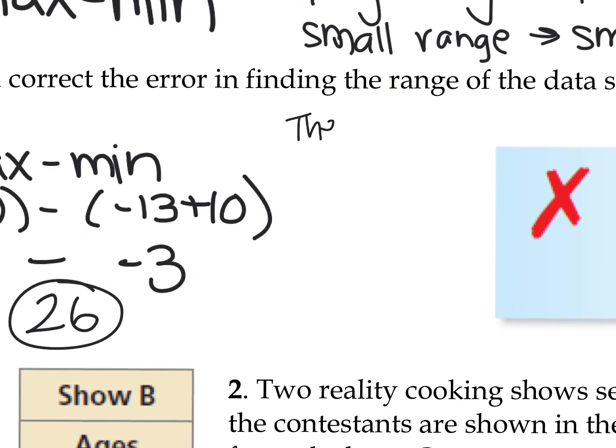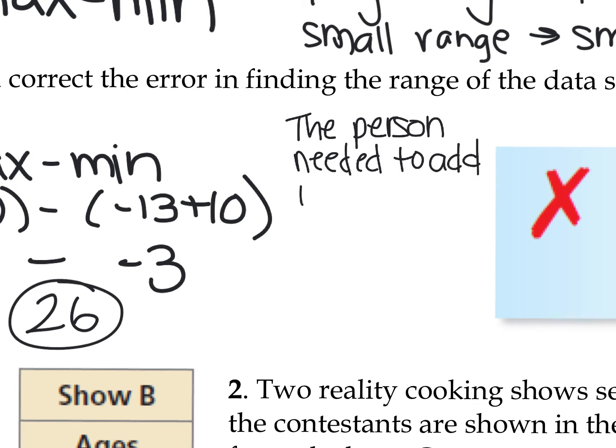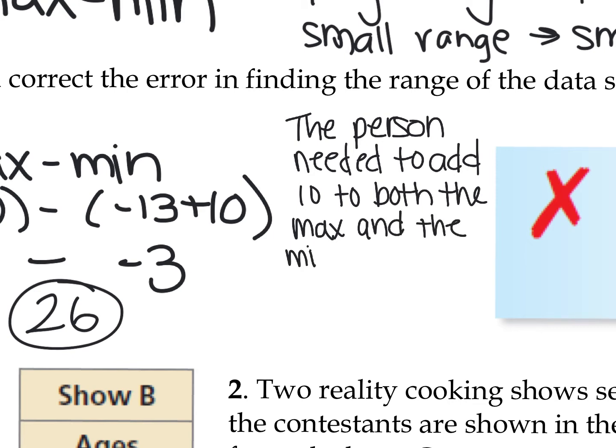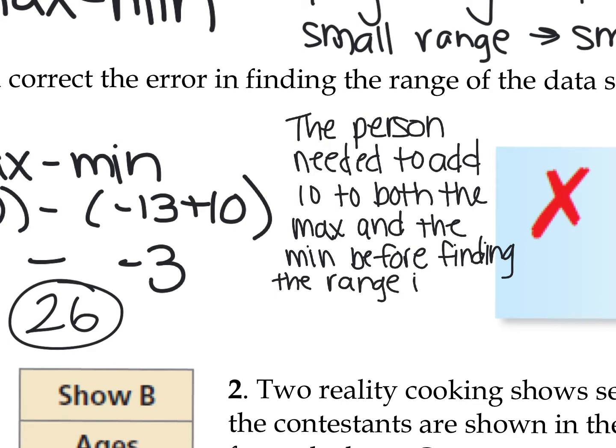So we can say the person needed to add 10 to both the max and the min before calculating range, instead of adding 10 at the end.